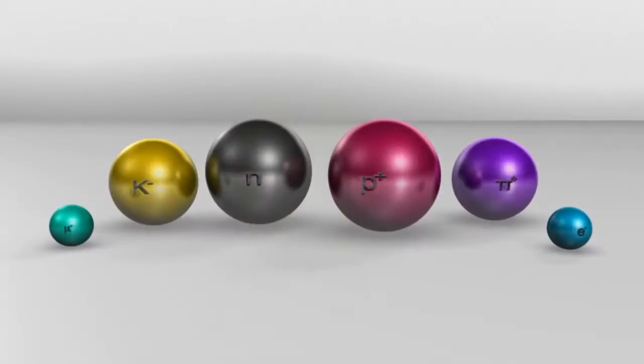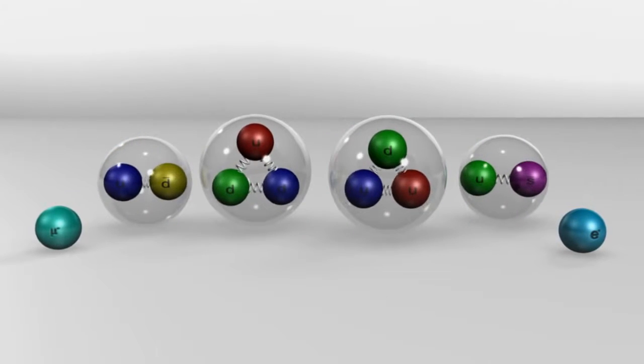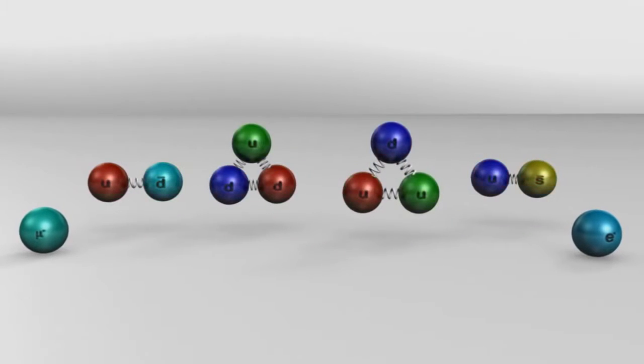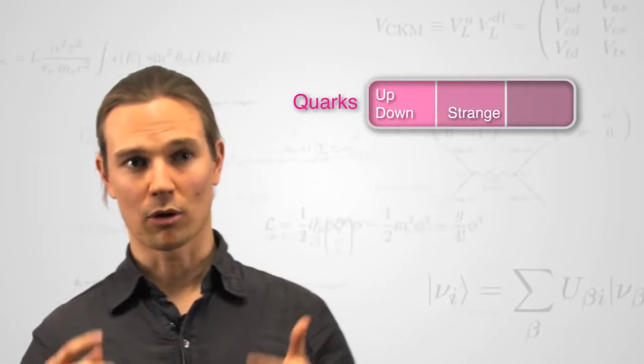To simplify the picture, new fundamental particles called quarks were predicted. And the whole zoo of particles could be described by combinations of these quarks. And this was the birth of the Standard Model. At the beginning, there were only 3 quarks.